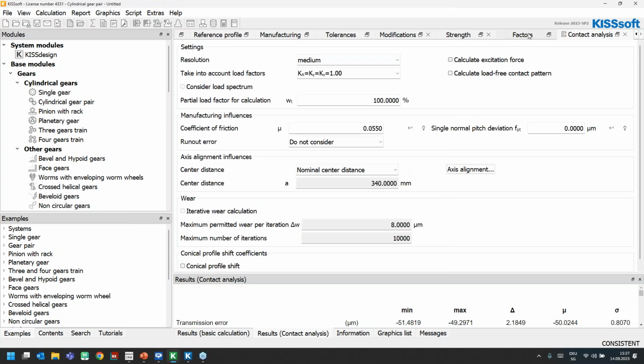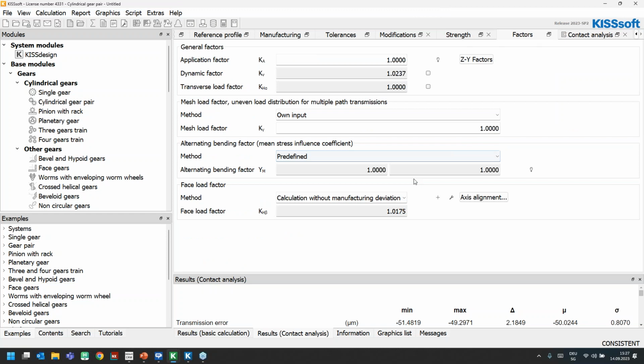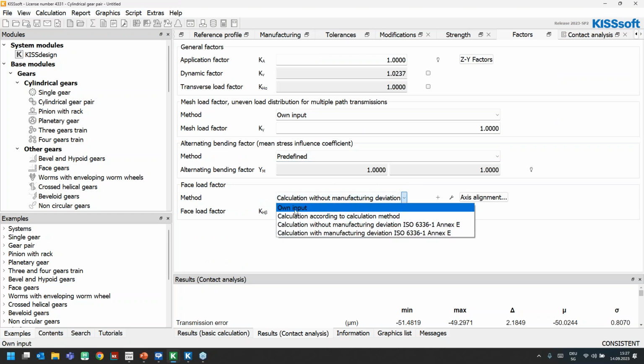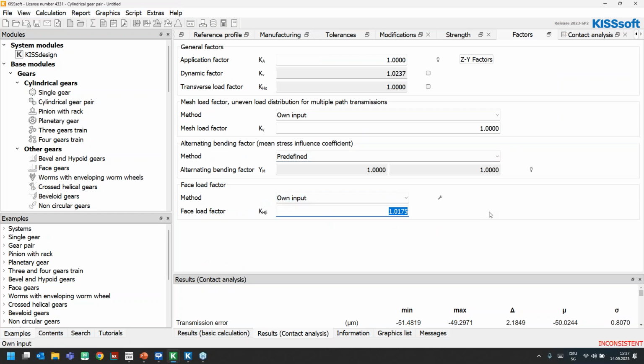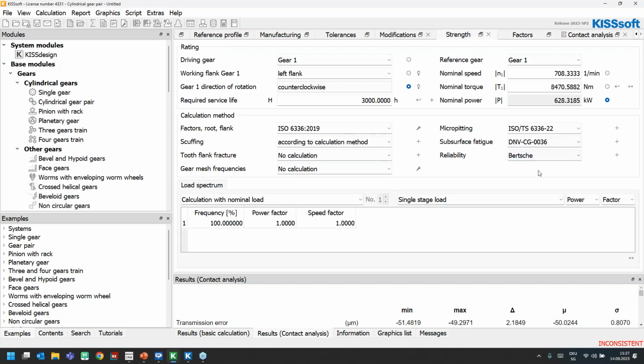One thing I would like to show you, how big is actually this effect. So if I go now here in the face load factor and enter the face load factor 1.44, that was the face load distribution before the optimization, and now I go to the tab strength, I can actually size the maximum transmittable torque for these 3000 operating hours. And you can see that I can transmit with this gearbox a torque of about 9,500 Newton meters.